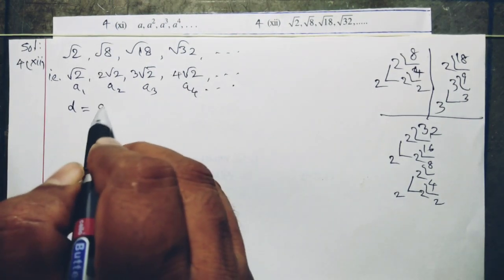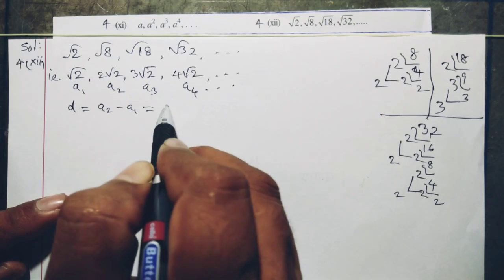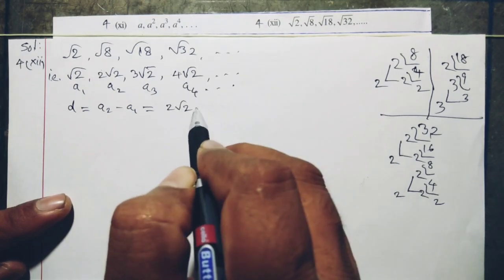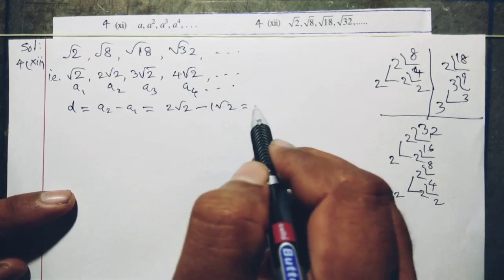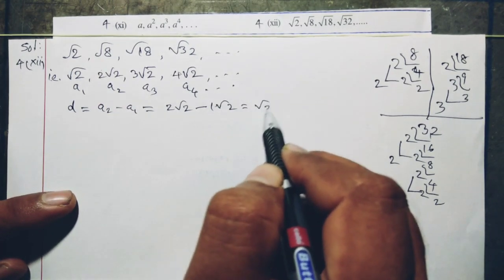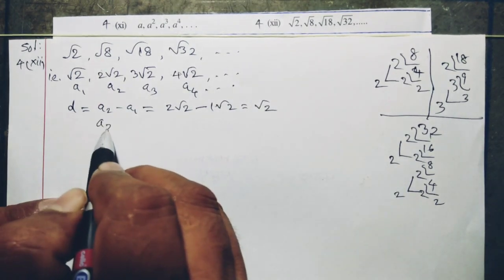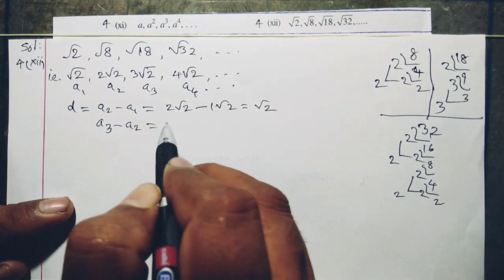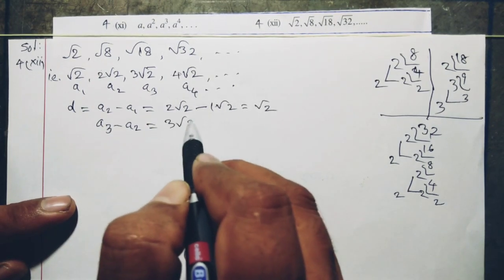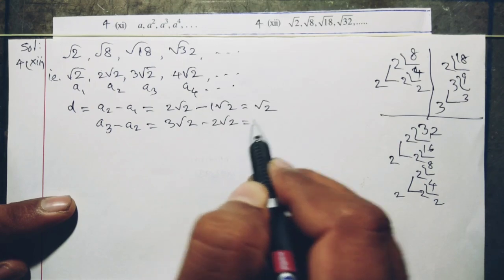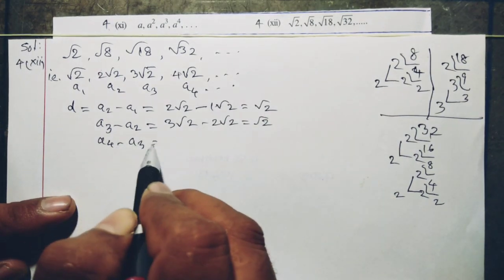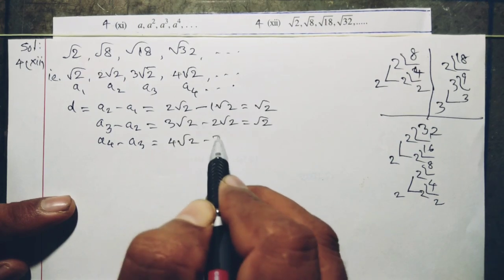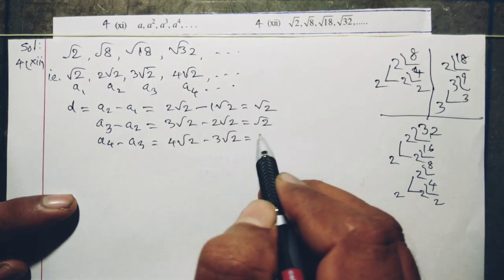Common difference d is equal to a2 minus a1, which is 2 root 2 minus 1 root 2, that is 1 root 2. Next, a3 minus a2 is 3 root 2 minus 2 root 2, 1 root 2. a4 minus a3 is 4 root 2 minus 3 root 2, 1 root 2.